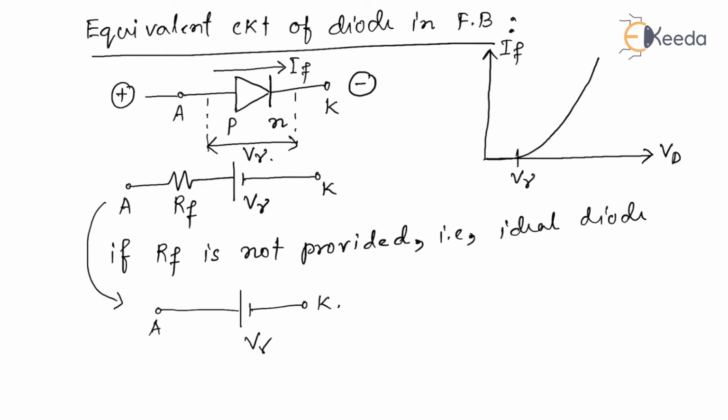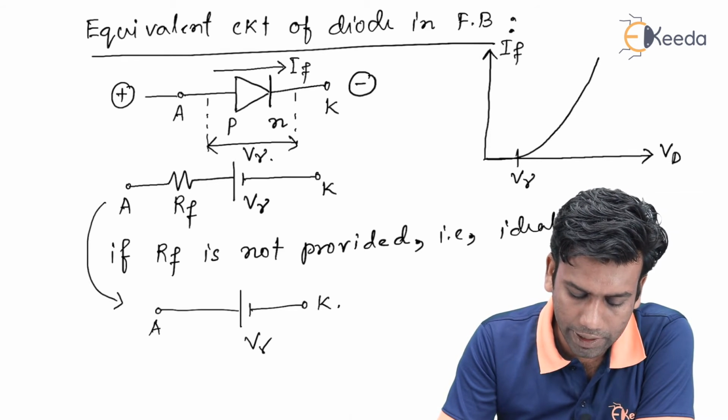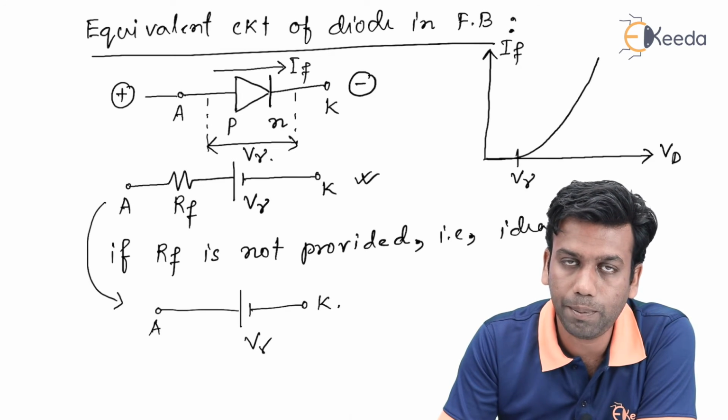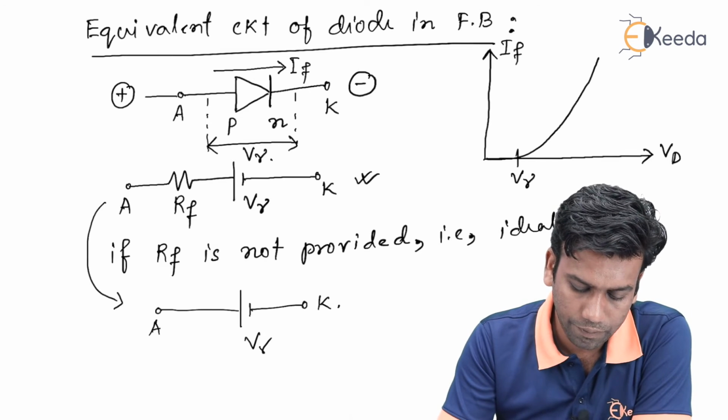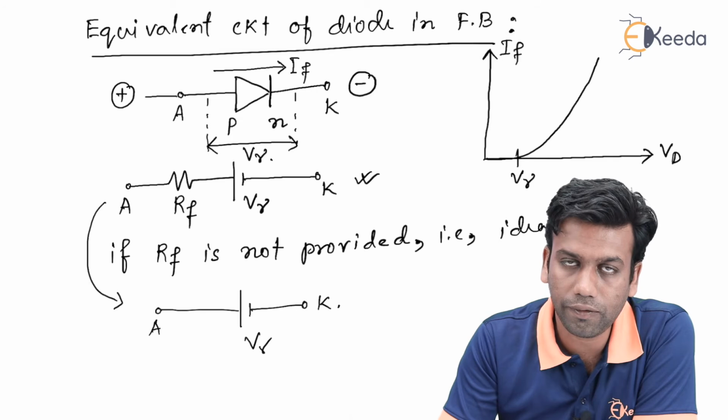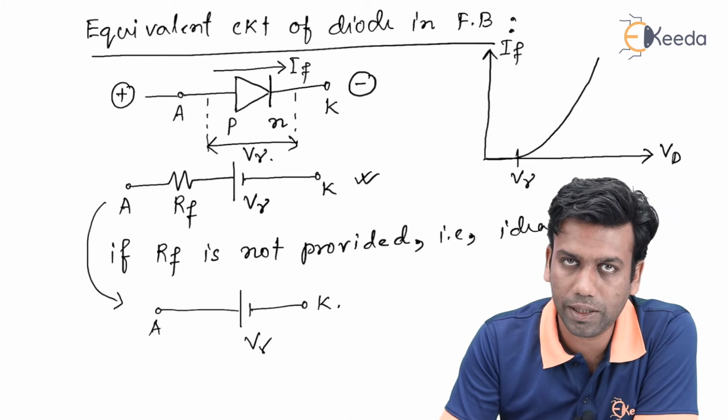This is the equivalent circuit of an ideal diode, and the earlier one is the equivalent circuit of a practical diode. Now, let us see the equivalent circuit of a diode in the reverse bias section.